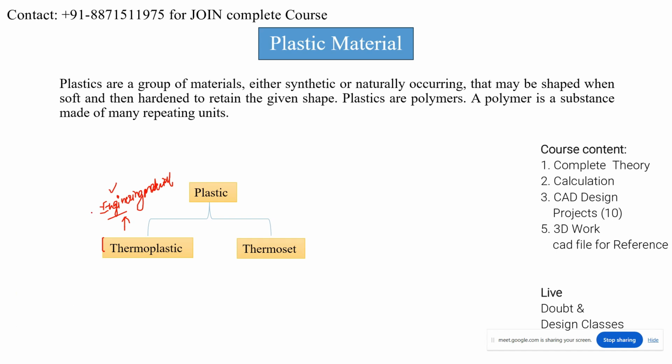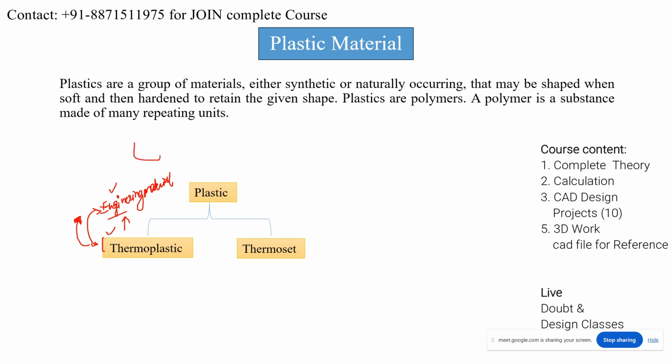If you reply or question, it means you are learning. Shaped to required size and shape. Yes, basically it is used for engineering purposes. The main plastic material is replacing other material components.